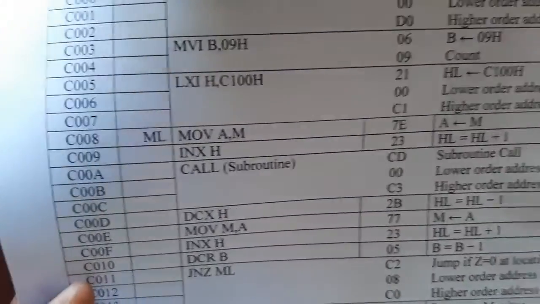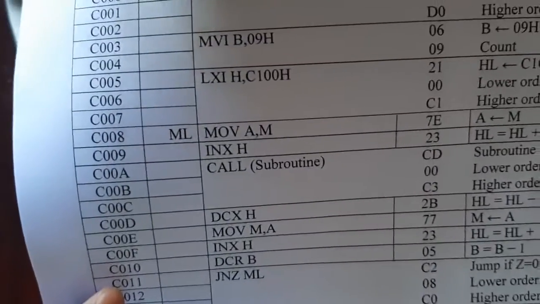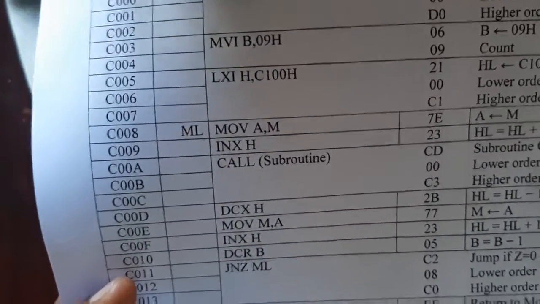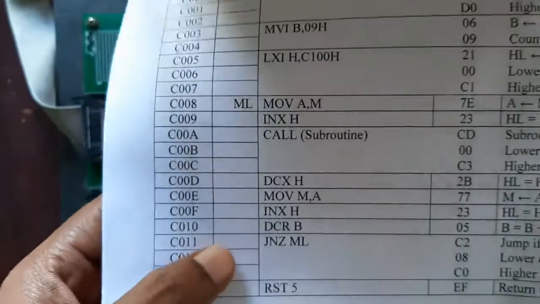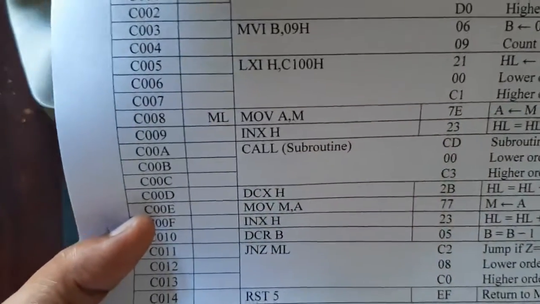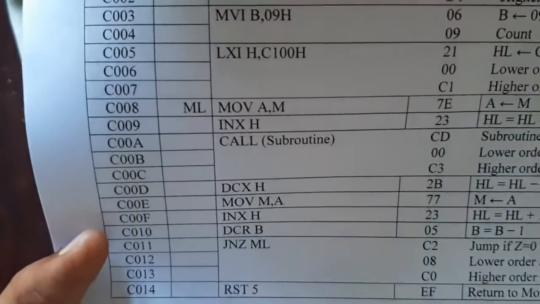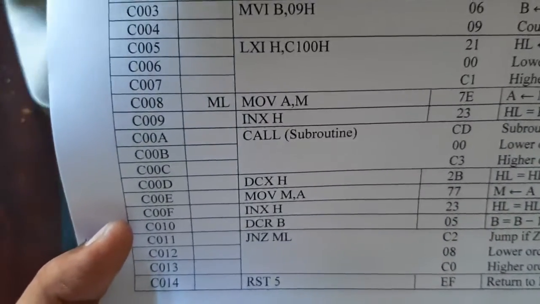Therefore, after exchanging, the actual smallest value will be loaded in the accumulator. After the subroutine we are decrementing H because we want to load into the first memory.